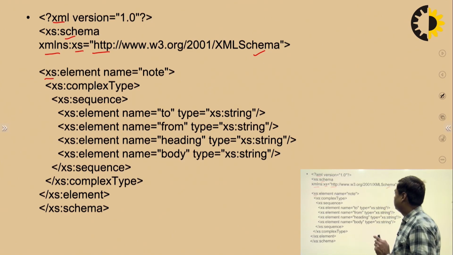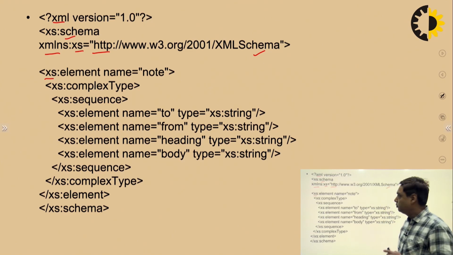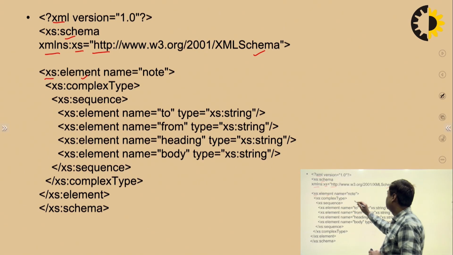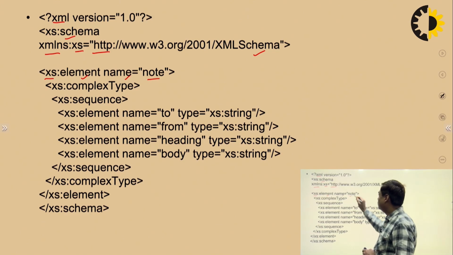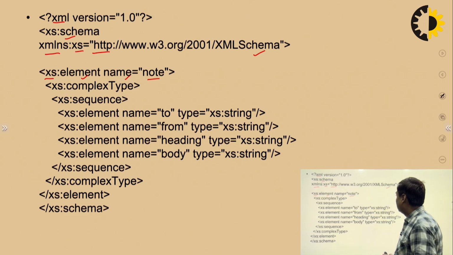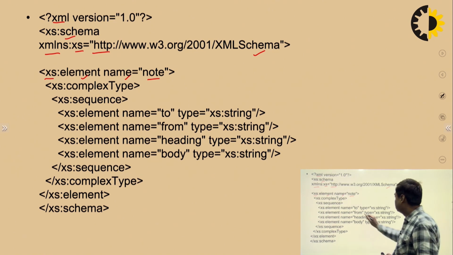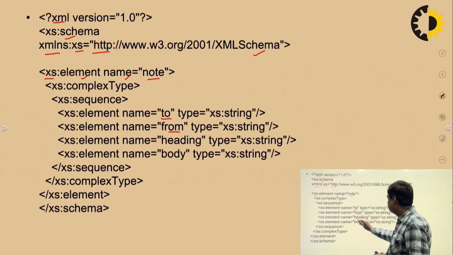First of all, we have to define the root node. The root node is an element, and the name of this element is note. Within this note, we have 4 elements: to, from, heading and body.